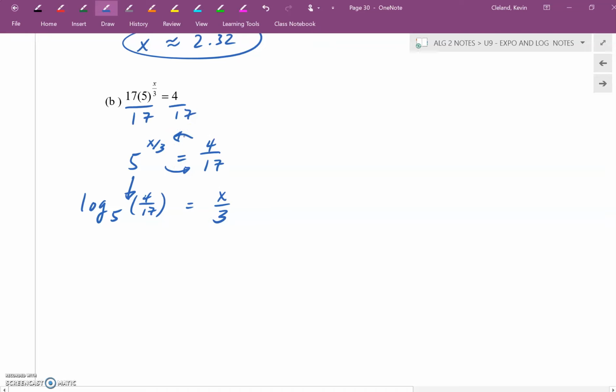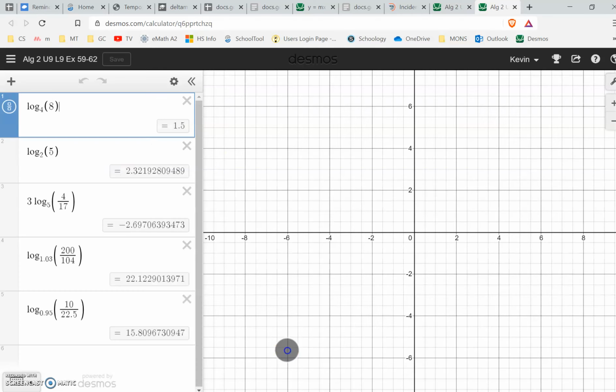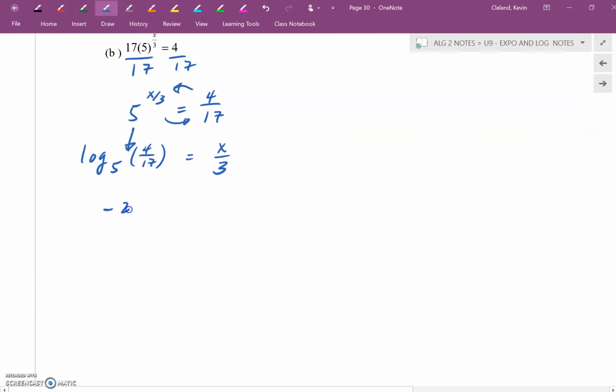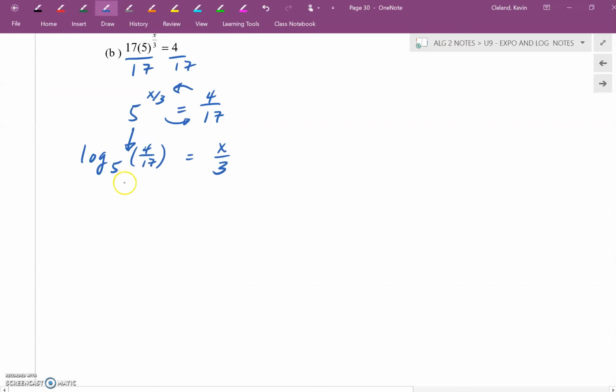So I can evaluate this log base 5 of 4/17. I already did that for you. Sorry, it isn't negative 2.697, because I multiplied it by 3, and we'll get to that in a moment. What I got when I evaluated this is negative 0.899, but that's x over 3.